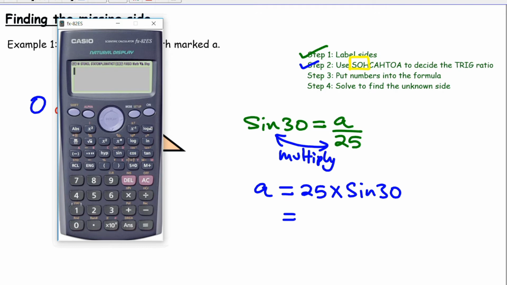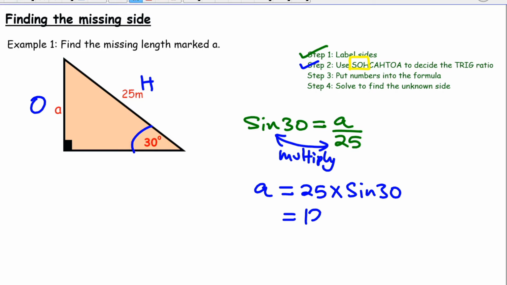So basically 25 multiplied by sine of 30 will be equal to 12.5. So our answer will be 12.5 meters. Okay, so that's the process on how you work this out.